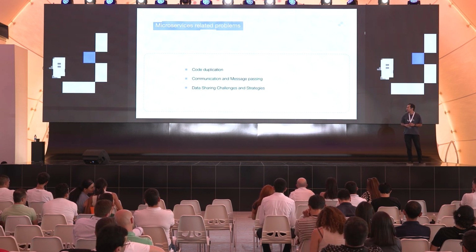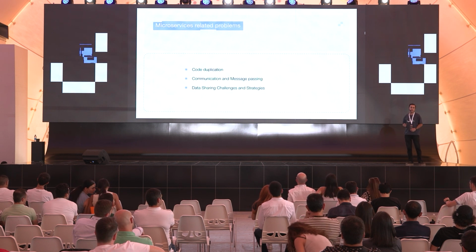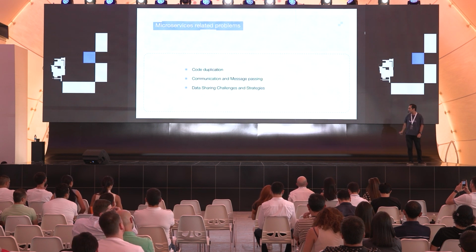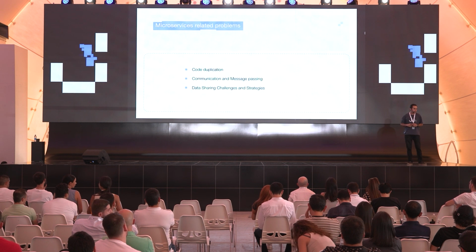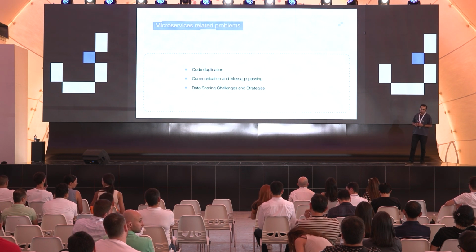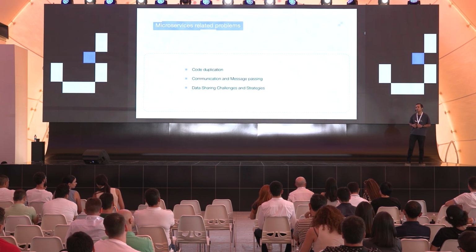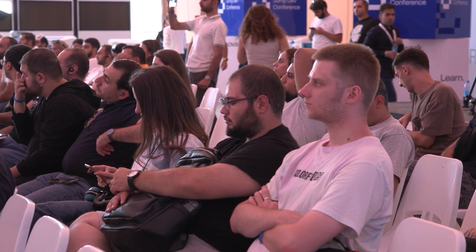But unfortunately, again, there are other issues that are related especially to the microservices patterns. And today we are going to talk about them. The first one is code duplication. This problem is partially solved if all the microservices are written in the same programming language. But in case a variety of programming languages are used in the microservice environment, it is hard to avoid code duplication or logic duplication.